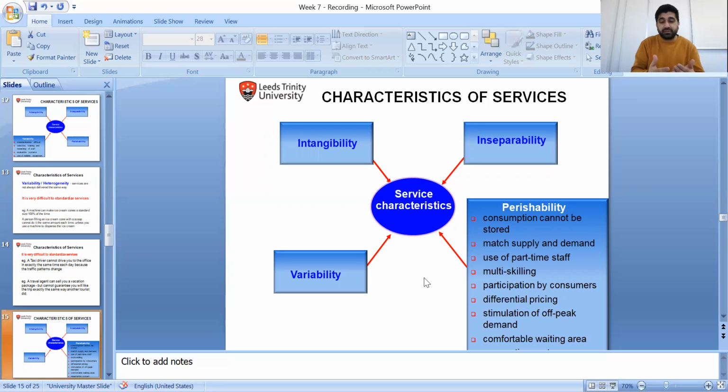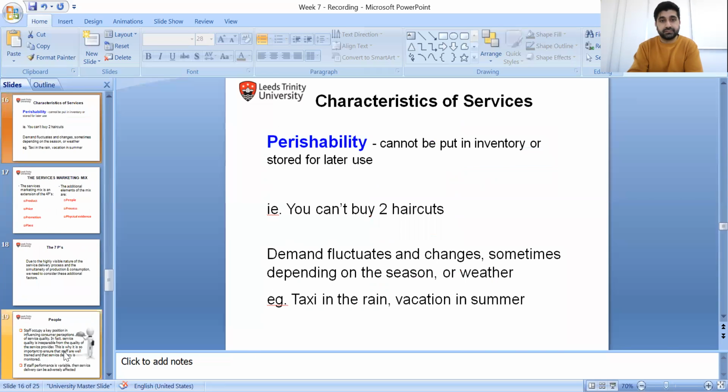And yes, these services are intangible. We cannot touch them. However, we can avail services, we can get benefit, and after getting services, we can perceive them. Perishability, as I said, we cannot get 2 haircuts at the same time.